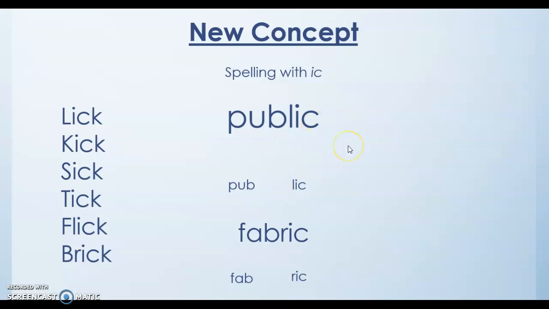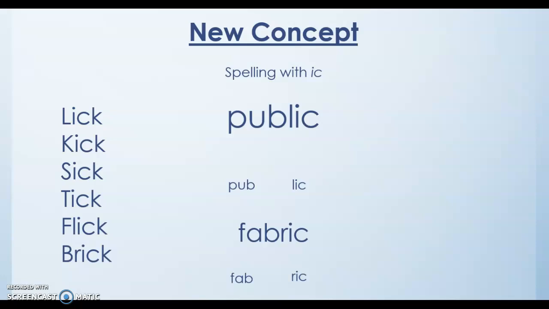That might be a little bit tough. And if you can't think of any, that's okay. Maybe today while you're reading, see if you come across one. Maybe write it down on the side or make a note or tell mom and dad you found one. Or even send me a message saying that you found one. So that's the new concept for today.